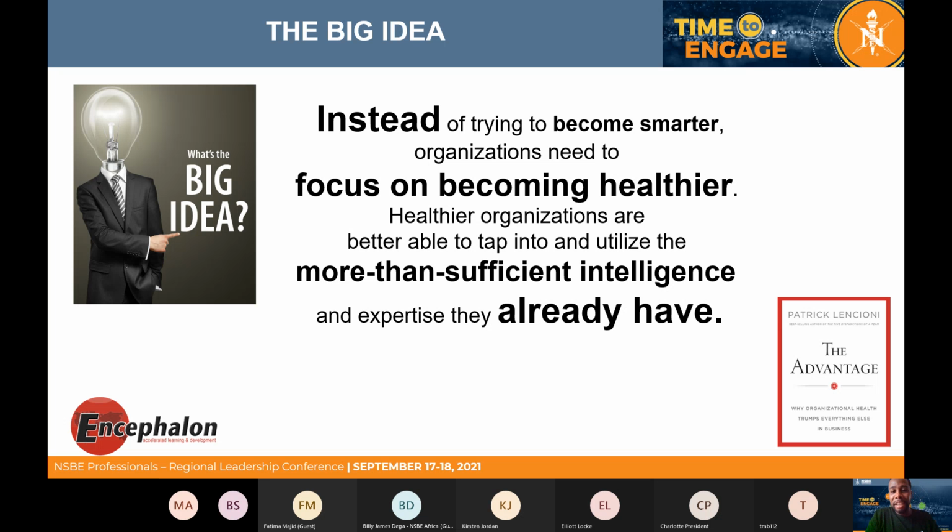So the big idea here is that organizations, instead of trying to become smarter, they should focus on becoming healthier, because a healthy team is able to tap into the skills and the intelligence that's already there in its members.